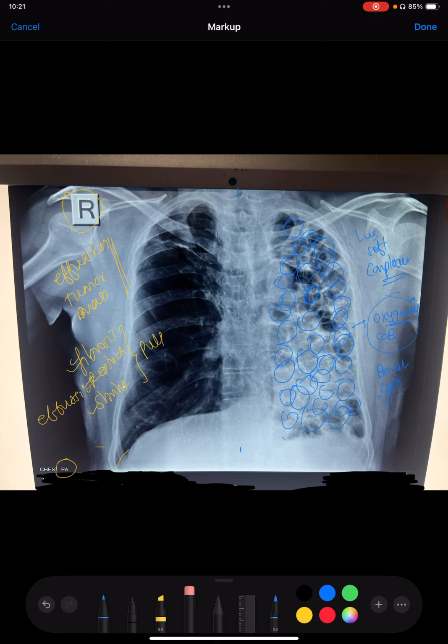Now, this bronchiectasis can be very, very well seen on CT scan of the chest. I do have the CT scan chest of this patient, and I'll definitely make a video on it.